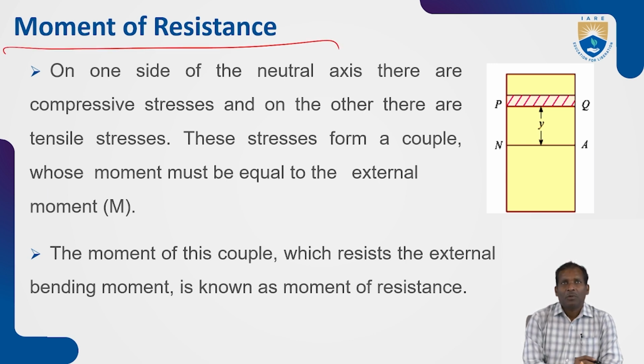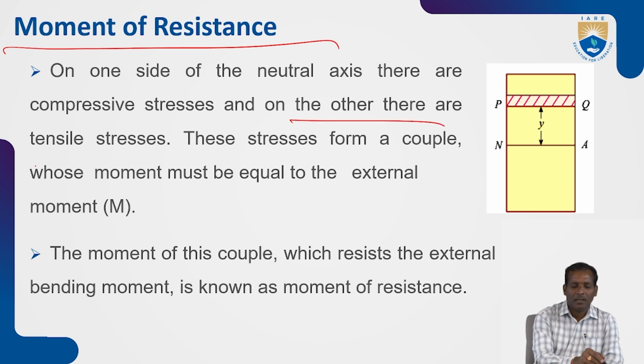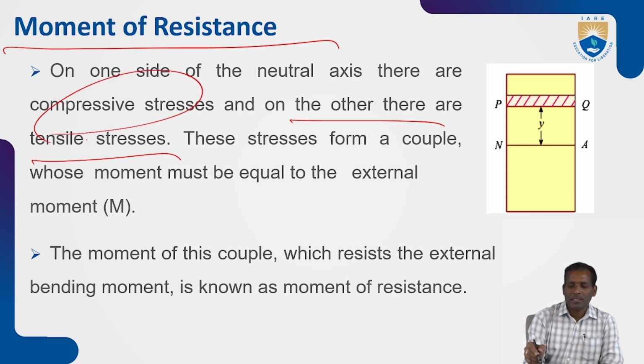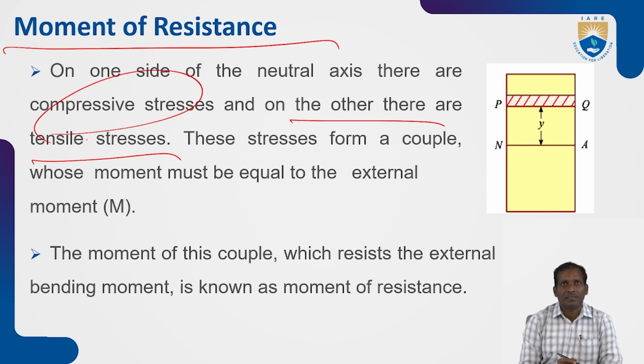So what is this moment of resistance? On one side of the neutral axis there are compressive stresses, and on the other there are tensile stresses. One is compressive stress and another one is tensile stress.